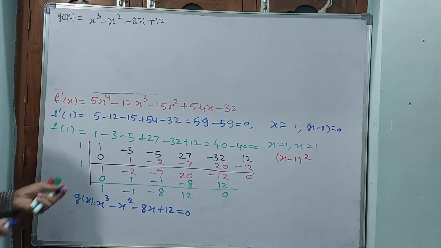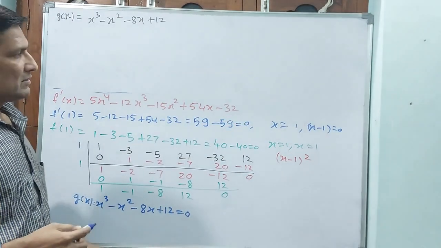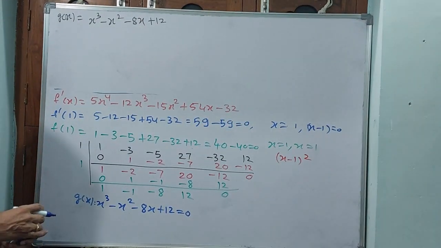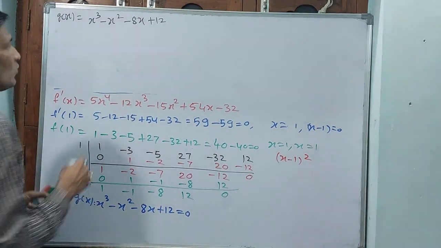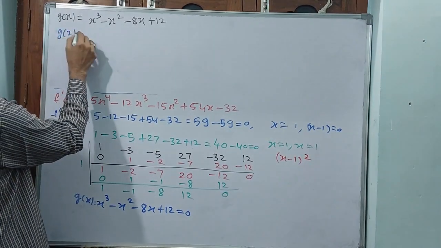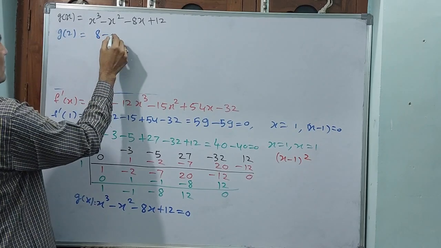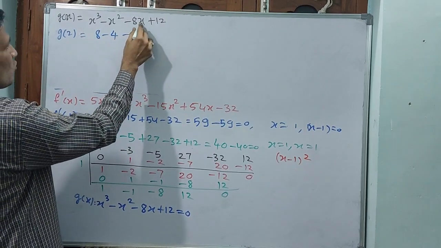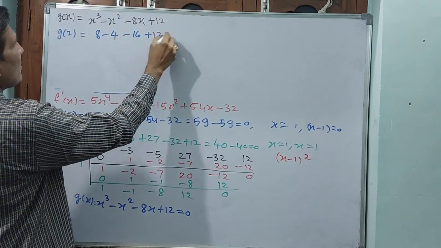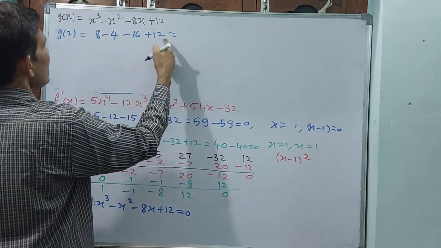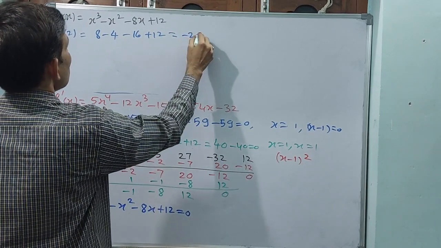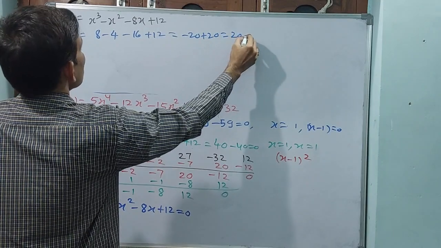Then g of 1, 1 may not be there. Okay, then I will try with 2. g of 2: 2 cube is 8, minus 2 square is 4, minus 2 into 8 is 16, plus 12. That means minus 16 minus 20 plus 20, that is equal to 0.